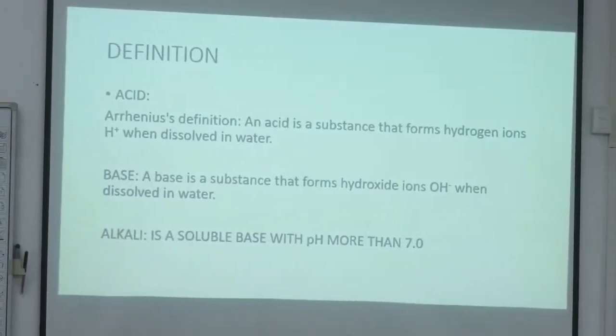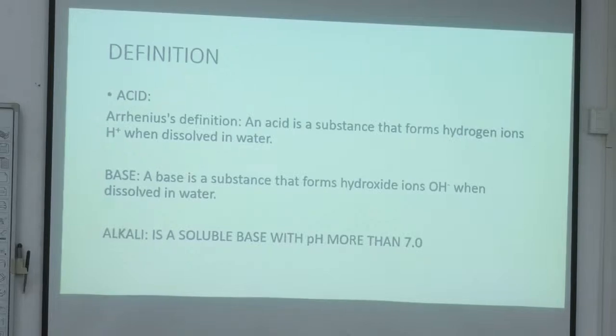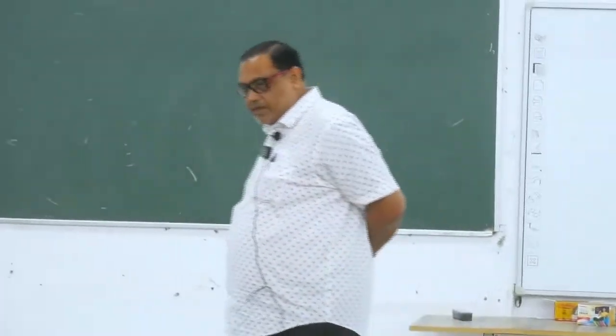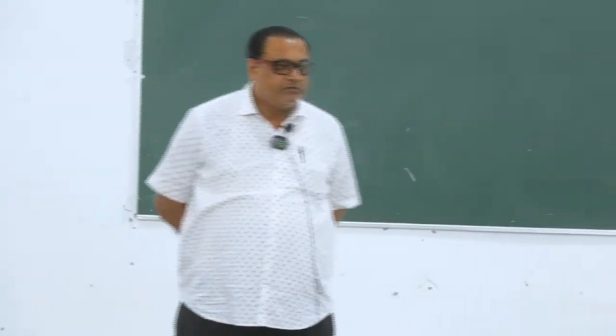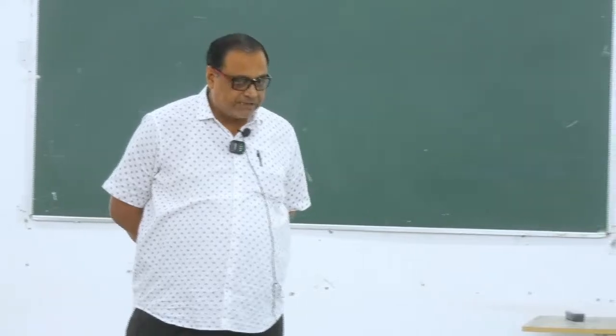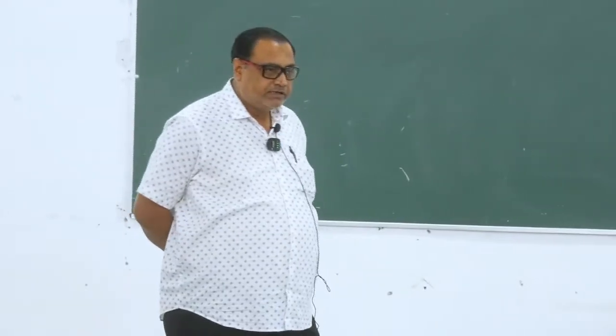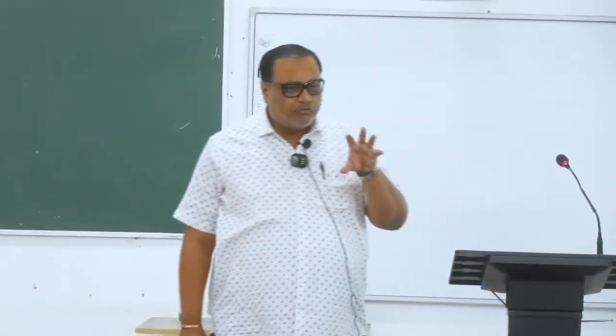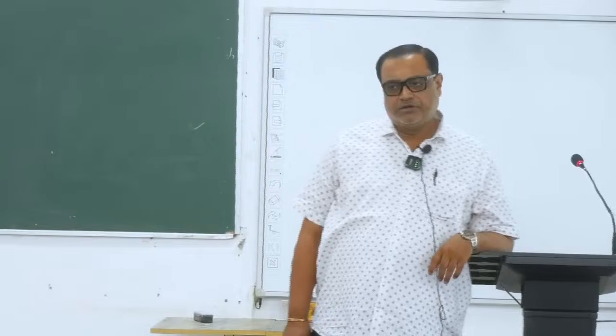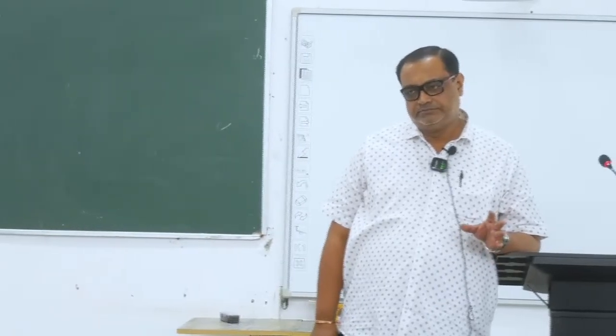The simple Arrhenius theory says whatever in solution provides H plus ion is called acid, whatever provides hydroxyl ion is base, and compounds that produce salt with acid and whose solution has pH more than 7, they are called alkali. Means the bases which are water soluble are simply called alkali.